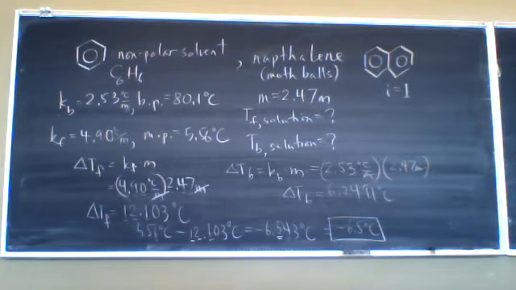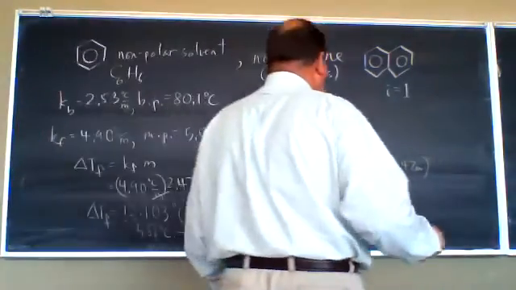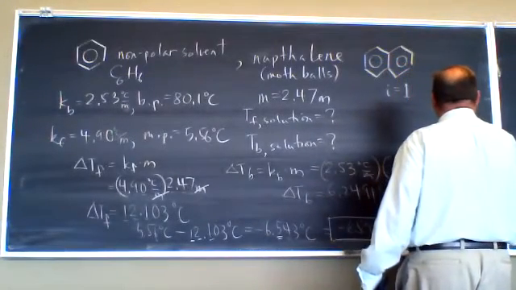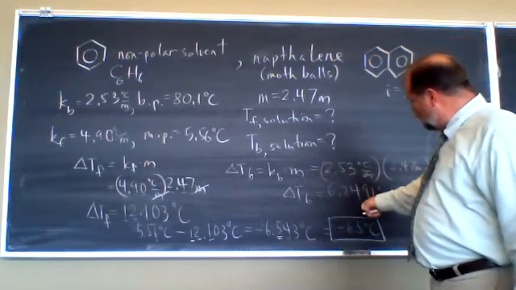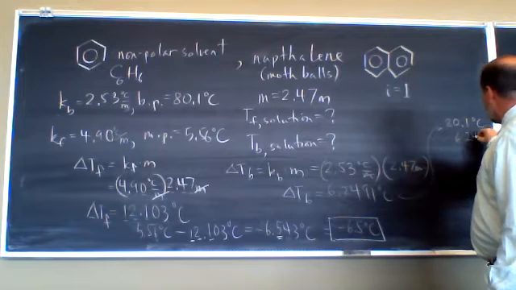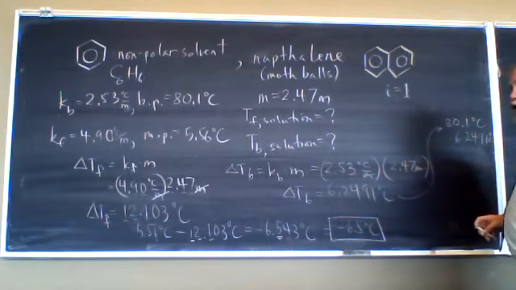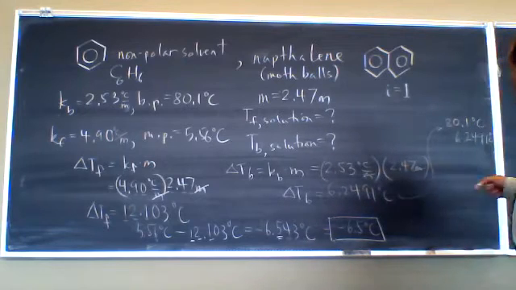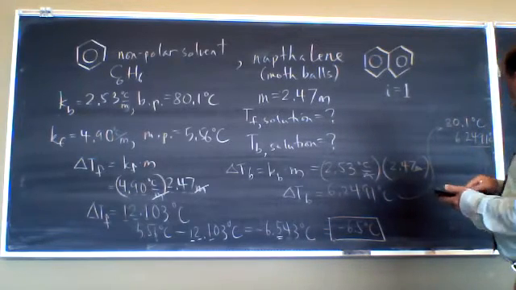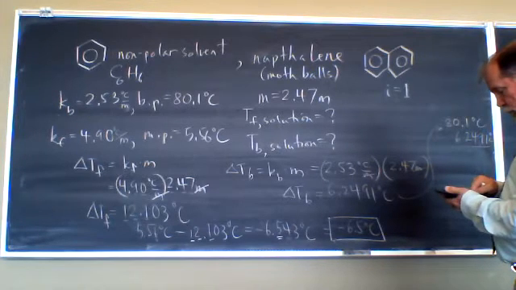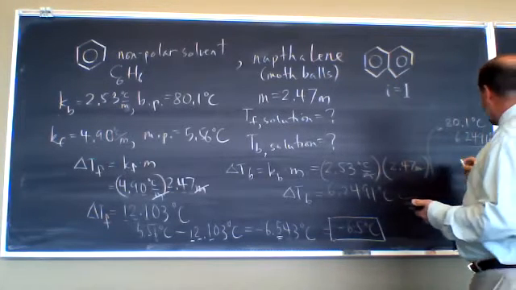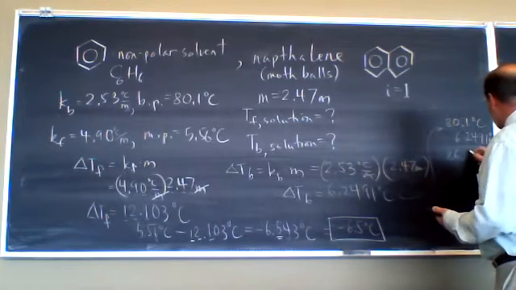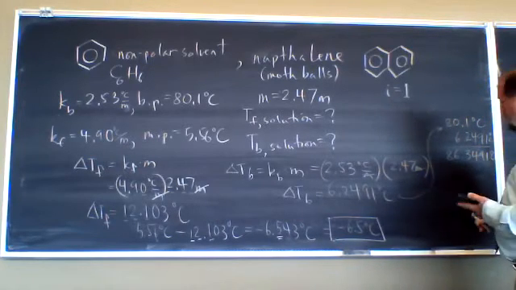Now, we still need to do the same thing for the boiling point. The boiling point of benzene starts off at 80.1 degrees Celsius. We want to add the boiling point elevation, 6.2491, also degrees Celsius. When we add these together, my calculator gives me 86.3491 degrees Celsius.